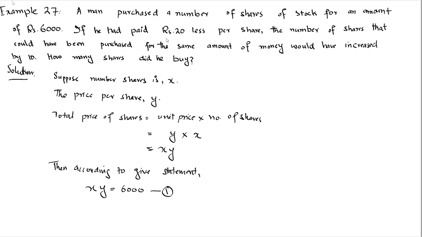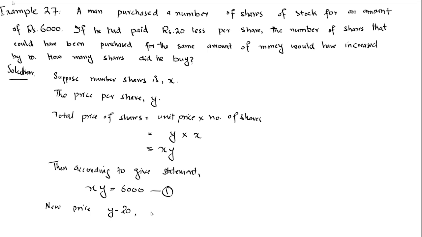Now, if he has paid 20 less per share, the new price will be Y, the old price, minus 20, since he's paying 20 less. So the new price is Y minus 20.